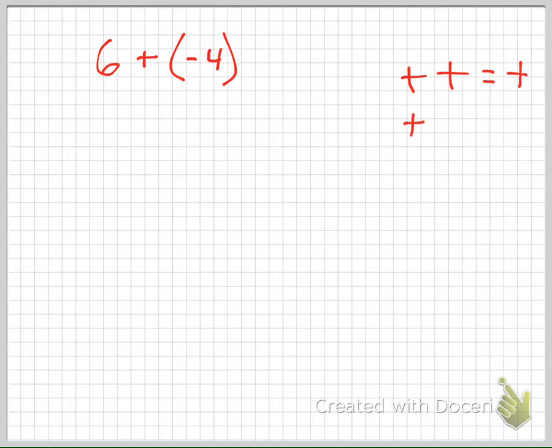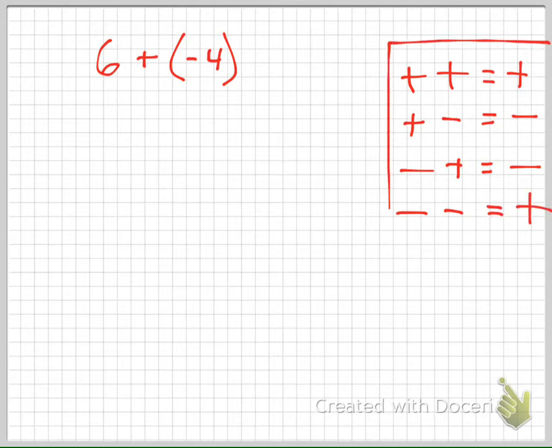Whenever you have a plus sign next to a minus sign, it means subtract. Or a minus sign next to a plus sign, it means subtract. If you ever see two minus signs actually touching each other, it means add. I want you to write this down on your paper somewhere. That little chart.